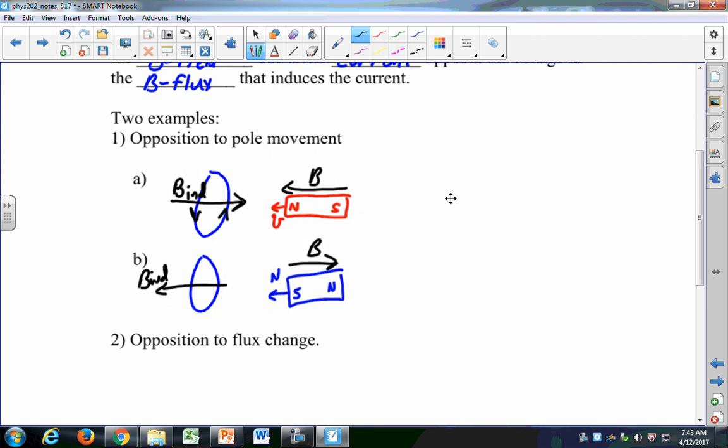And that's going to cause my current to go in the opposite direction, like that.